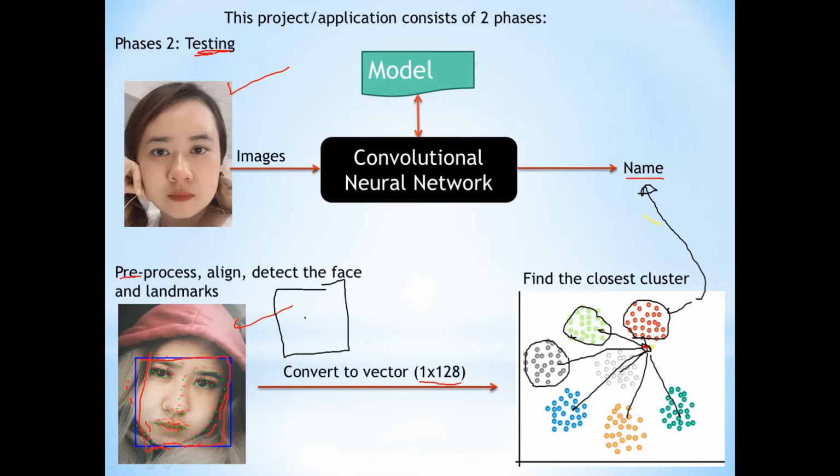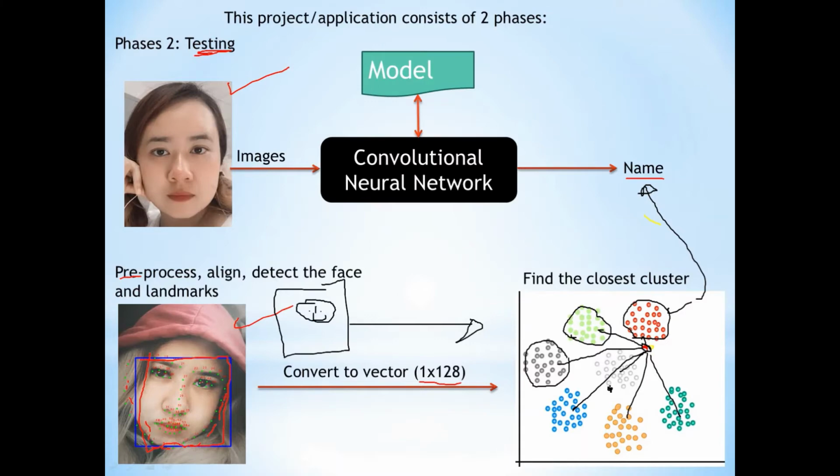Maybe another picture. Let's say we input another picture here. When we input this other picture, we convert it to a 128 vector. Maybe it will be located somewhere here, or maybe somewhere here.